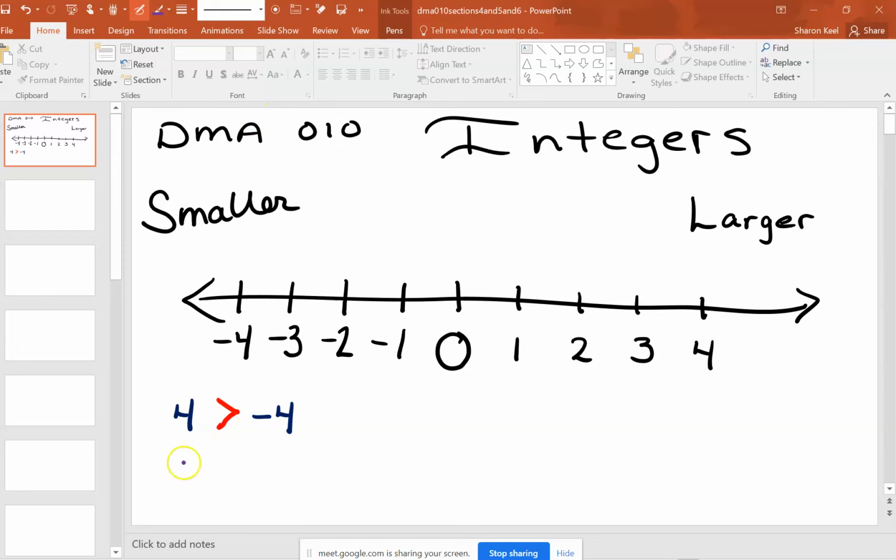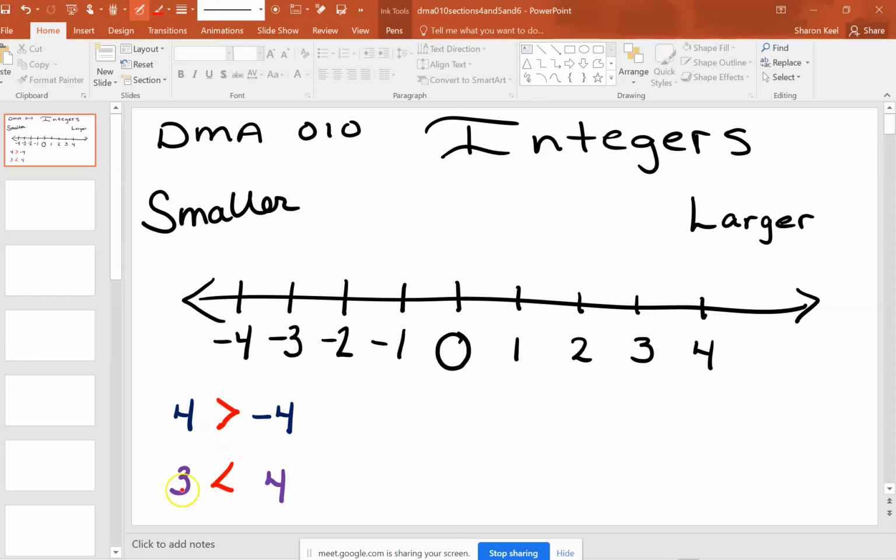If I were to have, let's say, 3, so if we're comparing both positive numbers, let's say we're going to compare the numbers 3 and 4, both being positive. Here's 3, here's 4. 4 is further to the right on the number line, so it's the larger value.